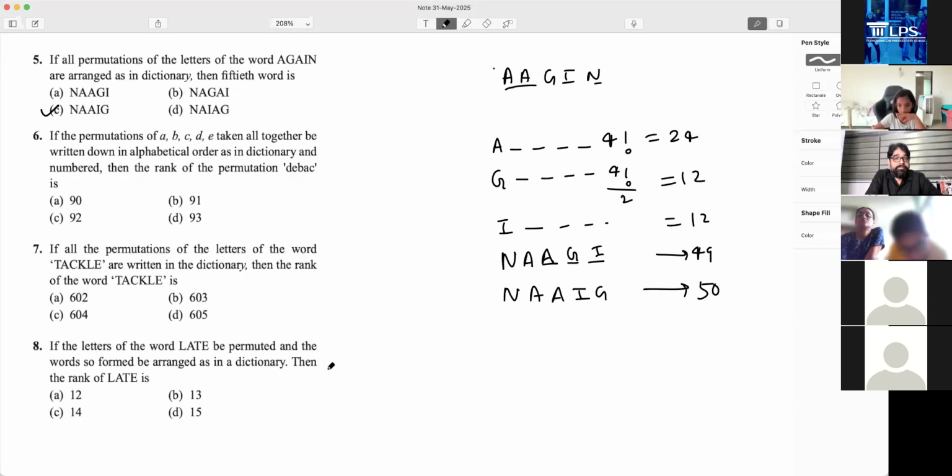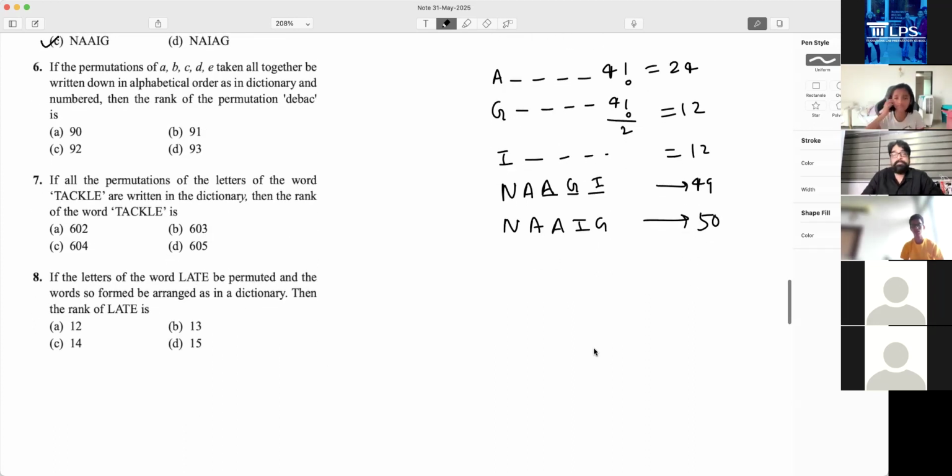Check your answer carefully. No, Saket, there is a mistake.